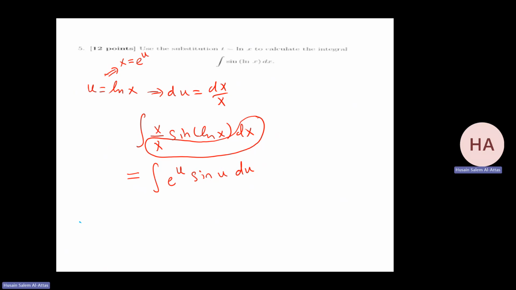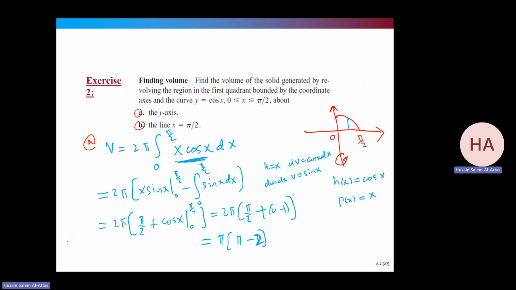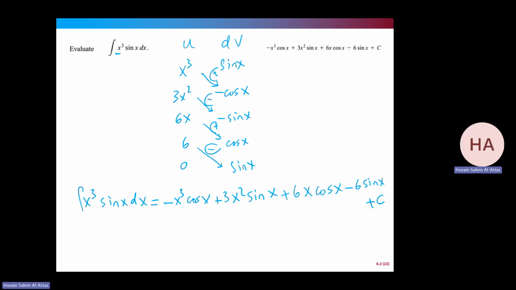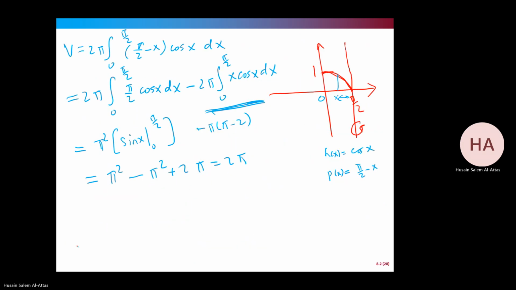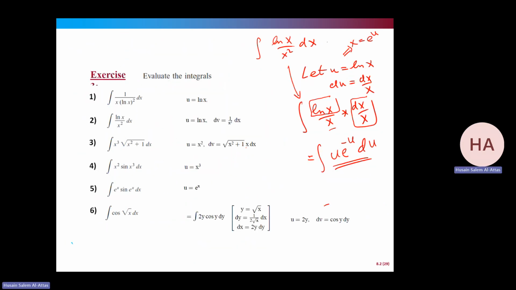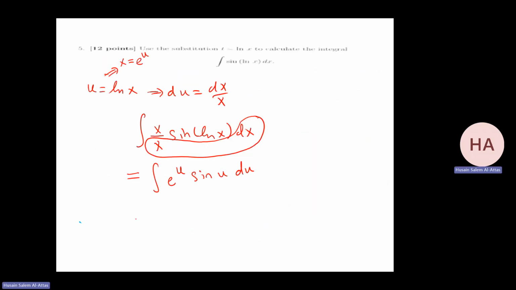This one I need integration by parts. E to the power u sine u. I think we did it before, so let us get it from before. E to the power u sine u will give me half e to the power u, sine u minus cosine u. I don't need to waste time doing the integration again. That gives me half e to the power u, sine u minus cosine u, plus c.